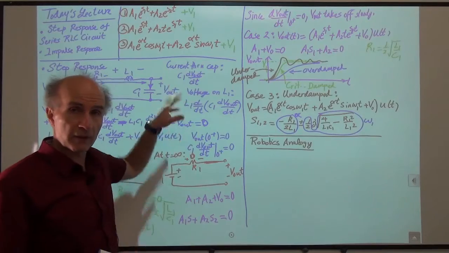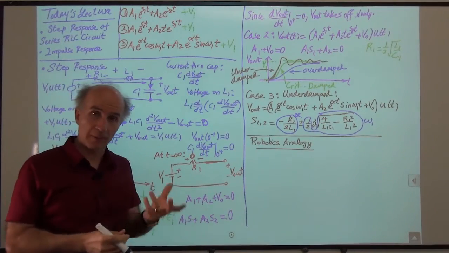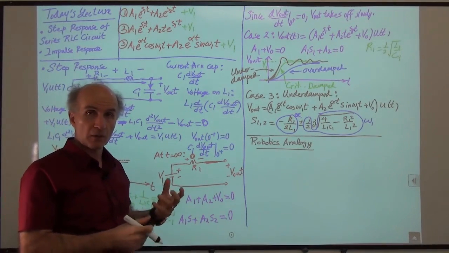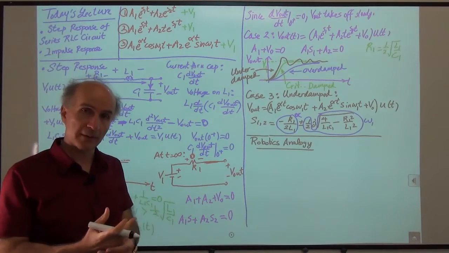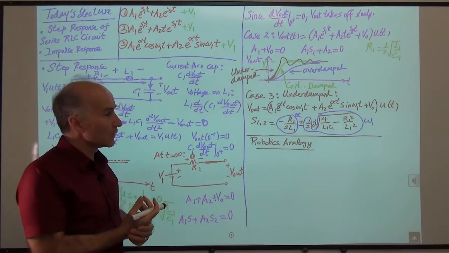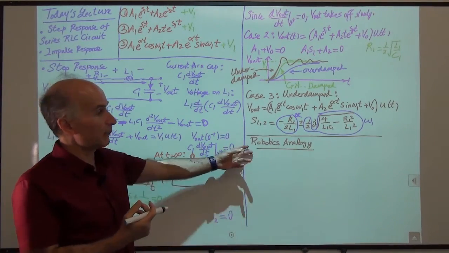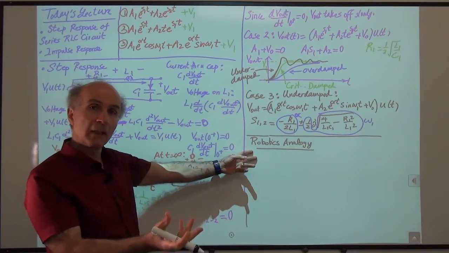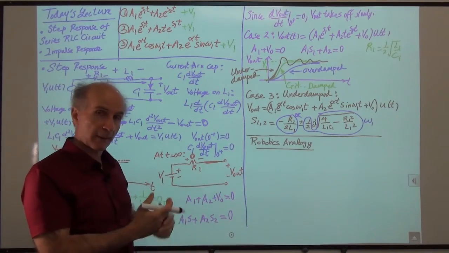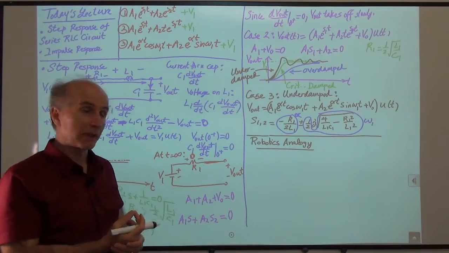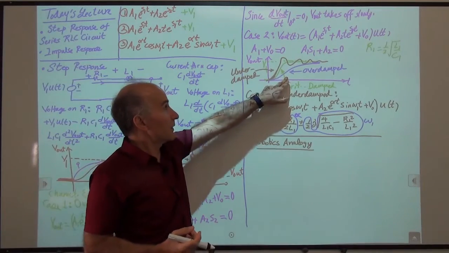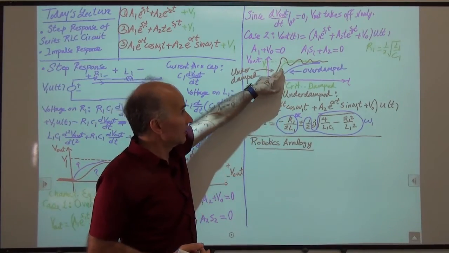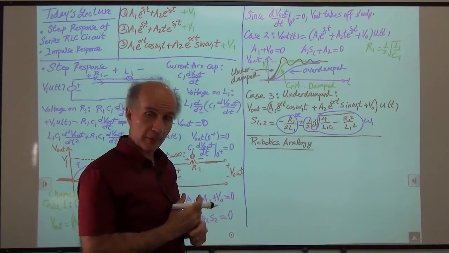Second-order differential equations govern many different systems, not just basic circuits, even social systems and mechanical systems, biological systems. So here's an example of sort of a mechanical system used in robots. And I want to show you what it means to have an overdamped response or a critically damped response or an underdamped response.